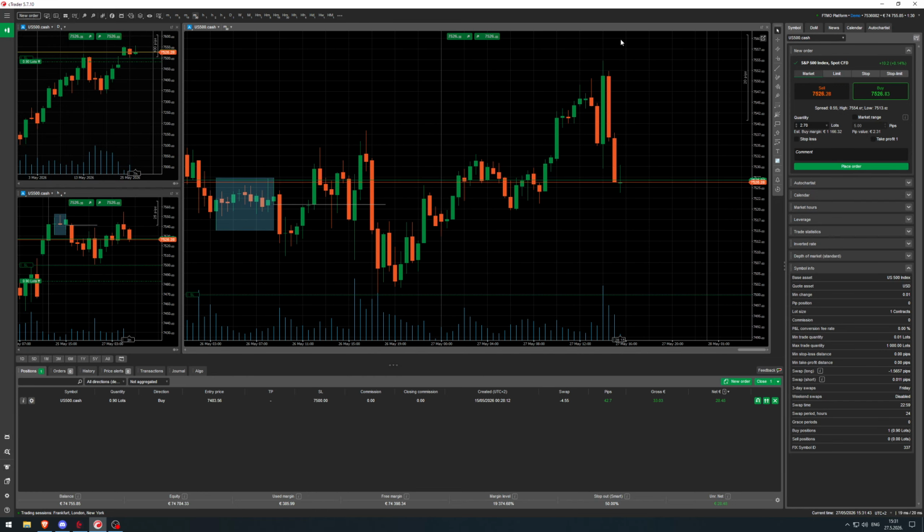But on the closer look, zoom in level, we have another contraction here. It's quite small, but we do have an expansion. So we can try and analyze this. And give me the line.